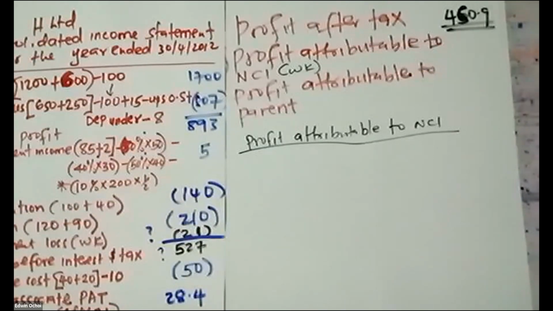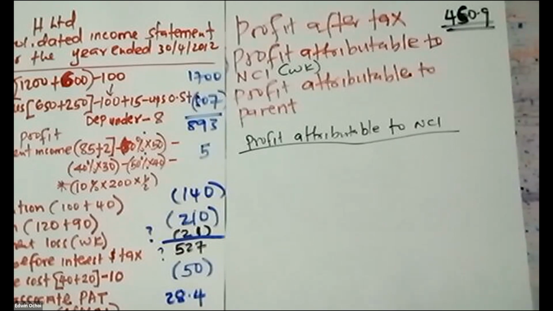But you know that this subsidiary is never controlled 100%. The subsidiary was controlled up to 80%. So there's that 20% which was supposed to be attributable to the NCI. That is why we say profit attributable to NCI.